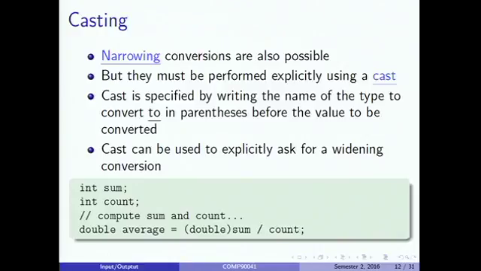No, you won't. It's not an error. It's going to do the division. Well, let's say the sum is 5 and the count is 2. It's going to do the division. It's going to get an int. If the count is 2 and the sum is 5, then you do the division and you get 2 because you're dividing two integers.